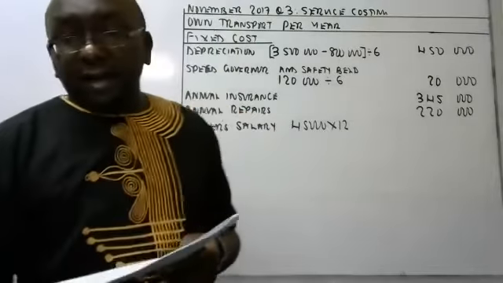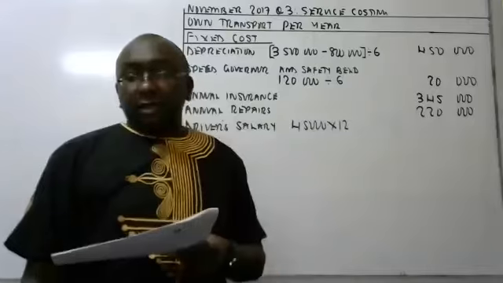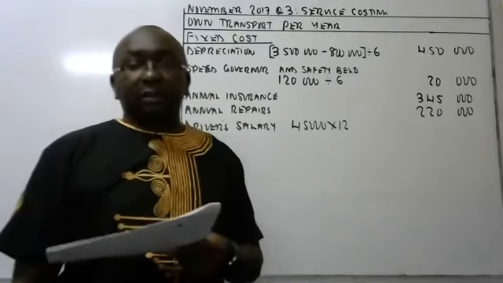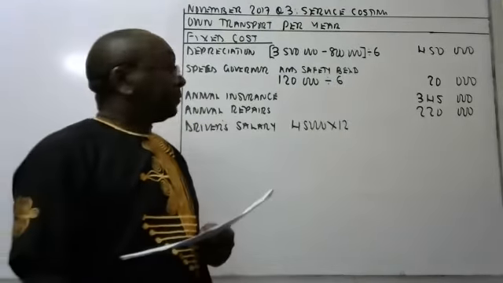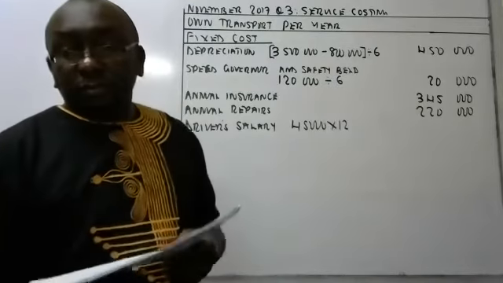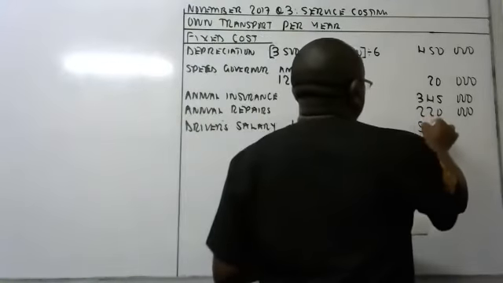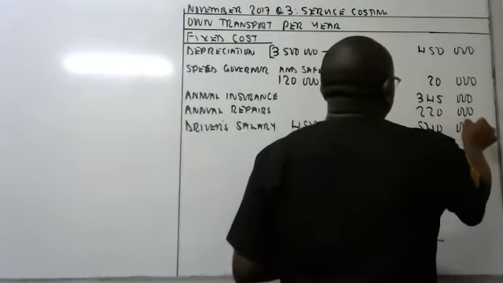Uh-huh, 540. I have one figure from Maureen. I need several figures. Let's be sending our figures. Yeah, good. 540,000.